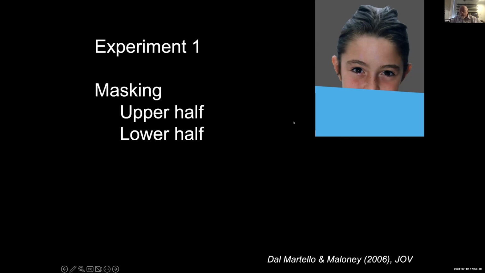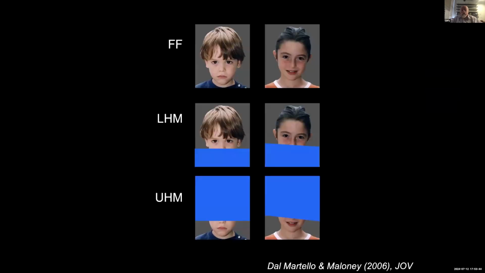And so looking at, in particular, this face up here, how much have you lost because there's a blue mask occluding the bottom half of the face? How much is your performance going to suffer? And there are three conditions in experiments: full face, just in this case, the lower half, and then the upper half.